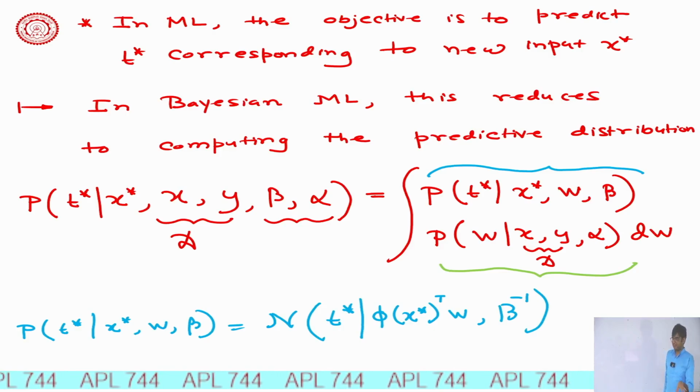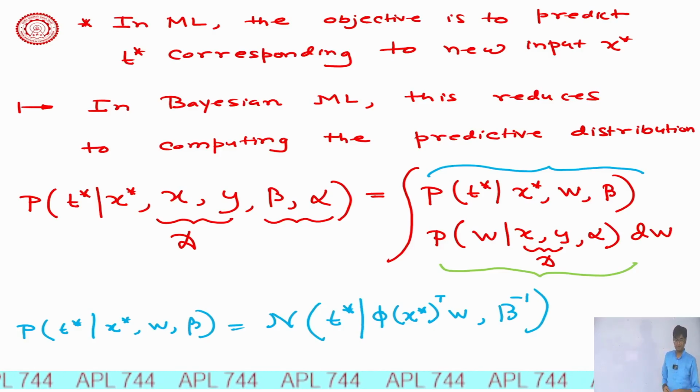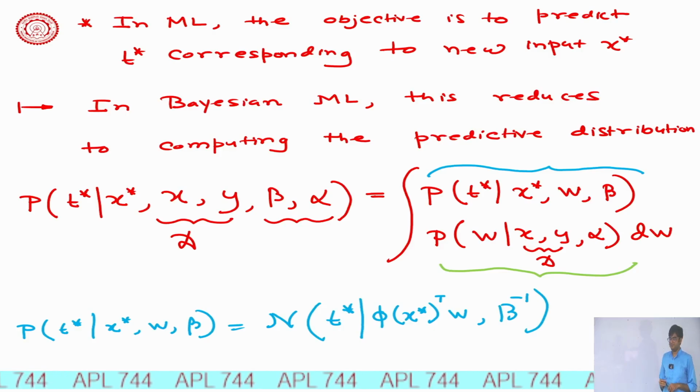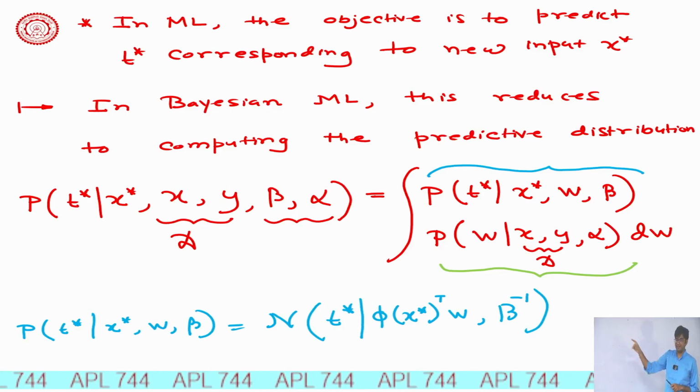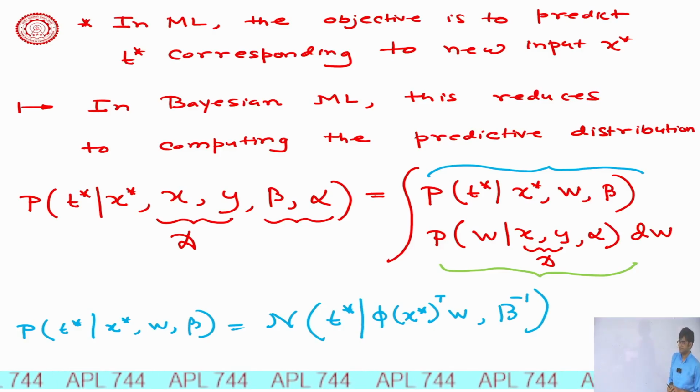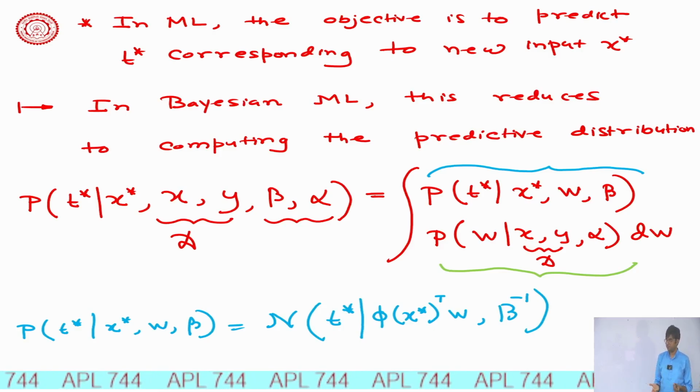Now, I do not have it here, but you have it on your copy. So, tell me, by looking at this expression, what is my A? Y is equal to A x plus b, what is my A here? Phi x star transpose. Everyone agrees that A is phi x star transpose?